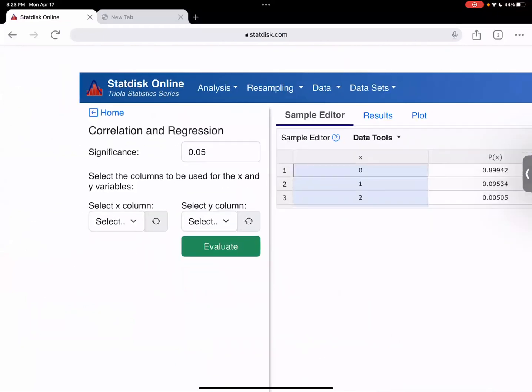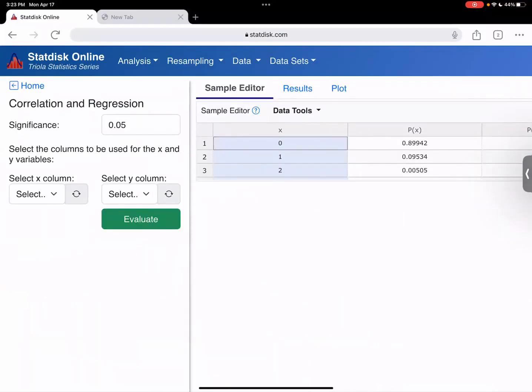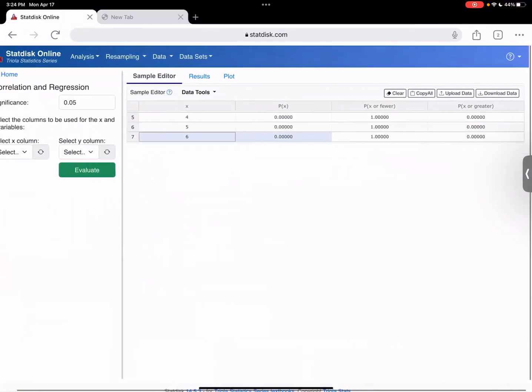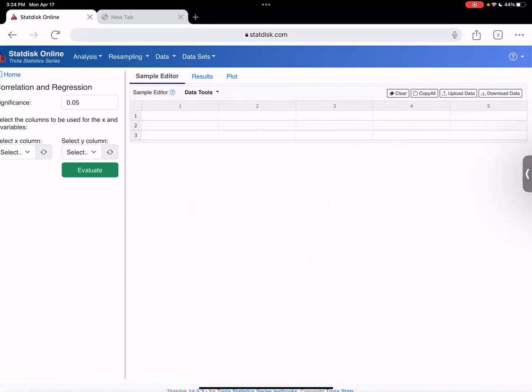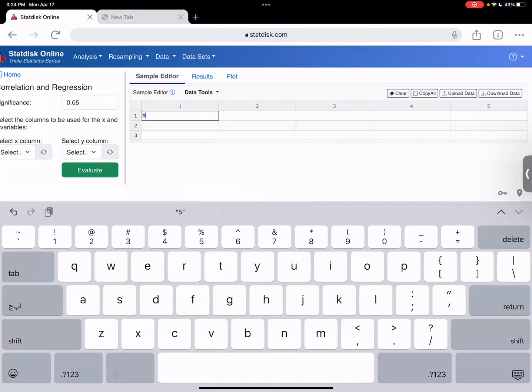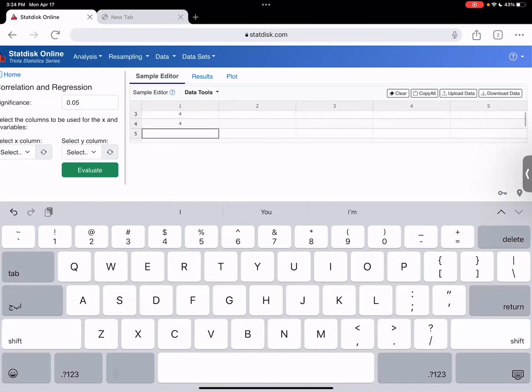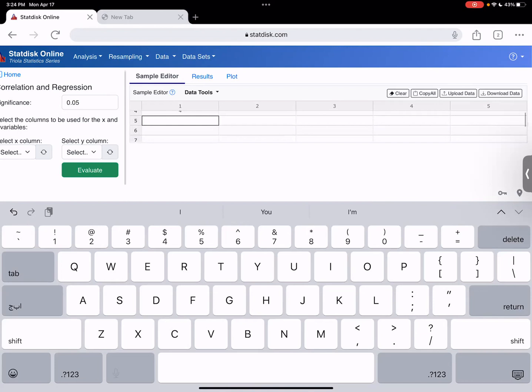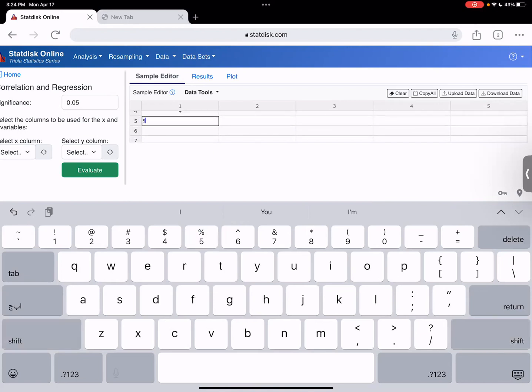Okay, and then we have some values here. Let me just clear it. So if we have those values, which are 5, 6, 4, 4, and then the last one is 5, right?